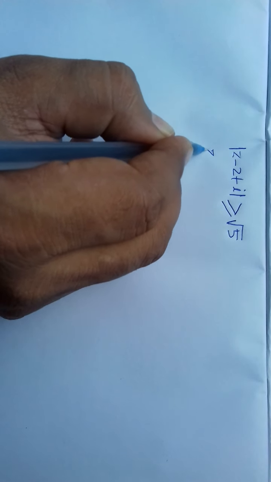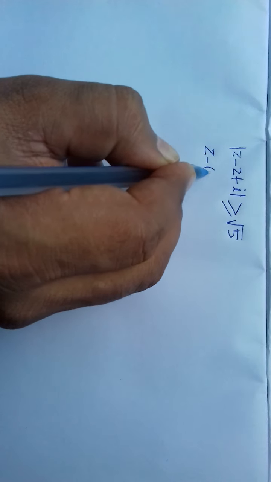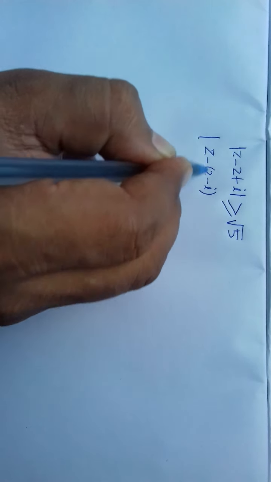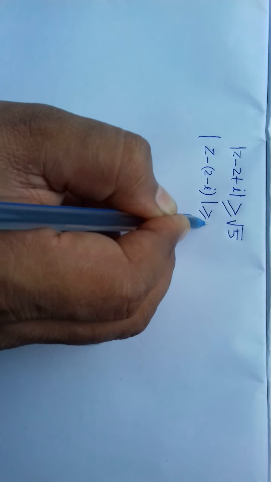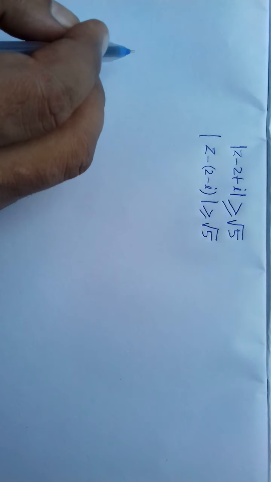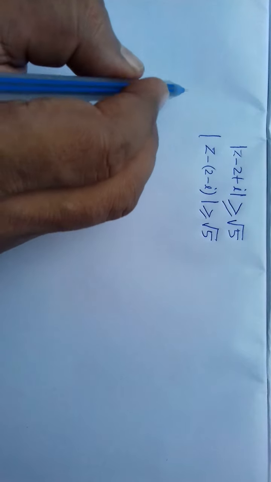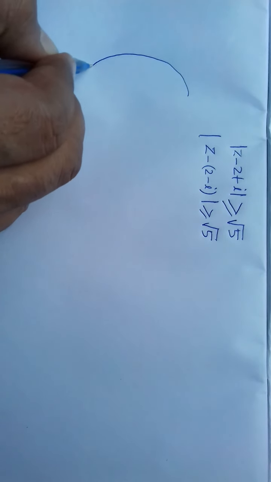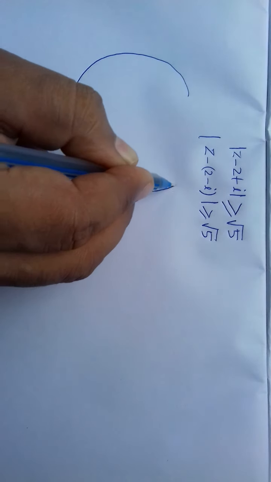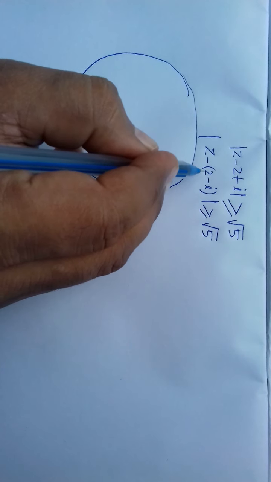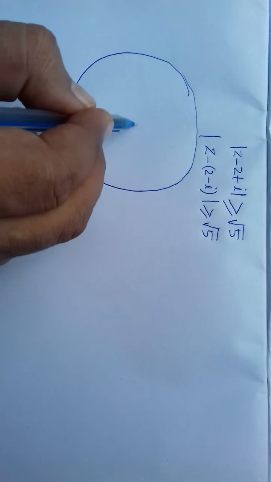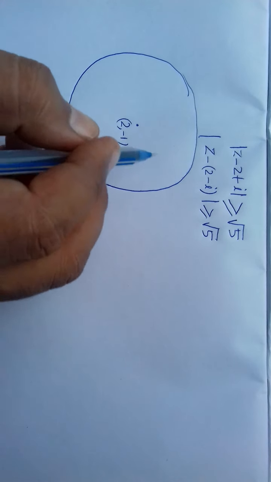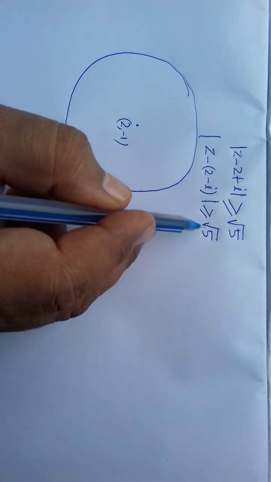This can be changed as |z − (2 − i)| with this inequality. We can draw a circle. Center will be (2, −1), and its radius will be root 5.